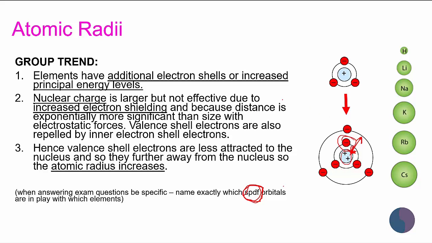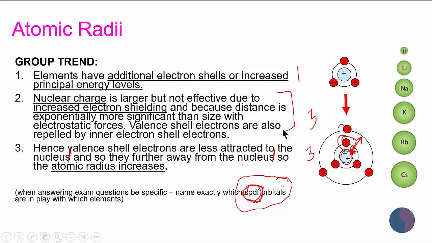So I've said three things there. Hence the valence electrons are less attracted to the nucleus. That's a key point on its own. And then you can't stop there. They're further away from the nucleus. And then you can't stop there either. So atomic radius increases. So there's kind of 3 points there, and maybe 1 point there. And then you could get marked for talking about the specifics, depending on what element it is. So you can see that is a bit of a deep dive.